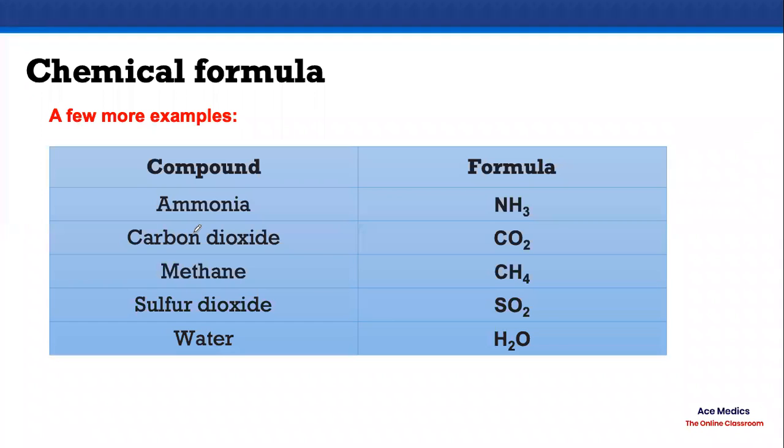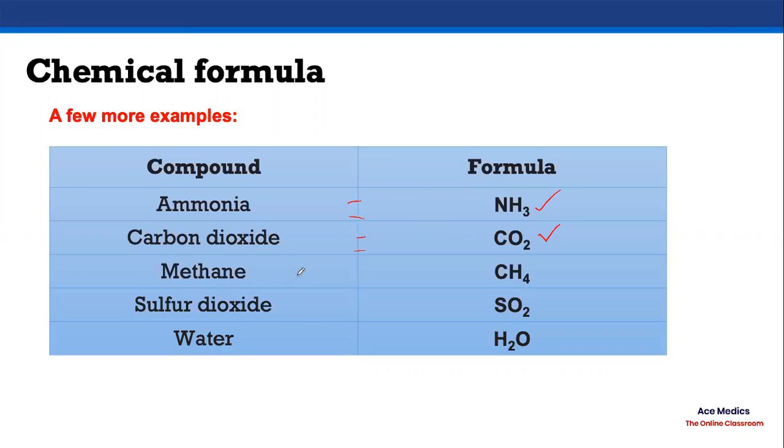Okay, so these are just a few more examples of the chemical formulas and compounds that you might come across, so it's good to keep them in mind. We already talked about ammonia having the chemical formula NH3. And we already know this one, carbon dioxide, which has CO2 as the chemical formula.